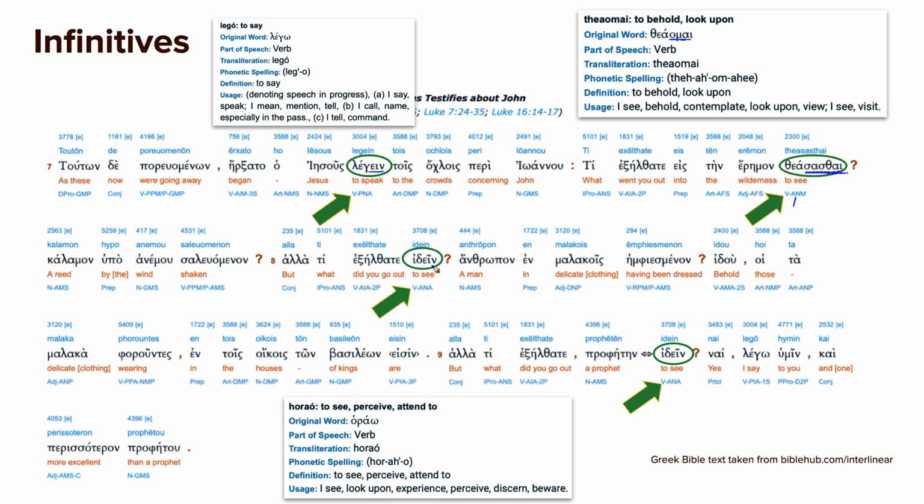So it's very similar, but I think Matthew is just using a different form of a very similar idea here. And then again down here, did you go out to see a prophet? Idein. And notice this little indication here of the double arrow, and sometimes the manuscripts have it in the opposite order. All right, so let's go ahead and look at these infinitive forms.